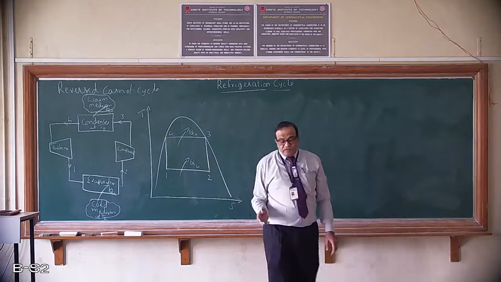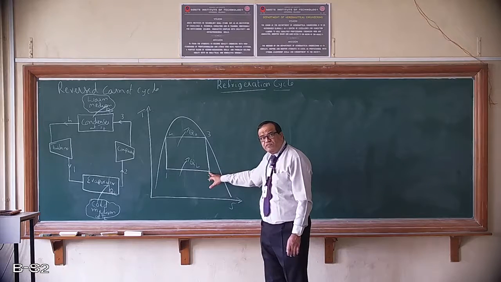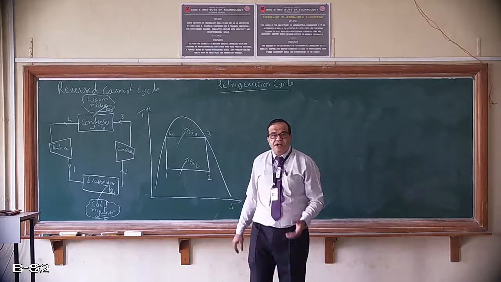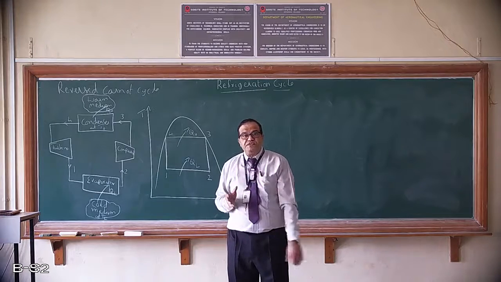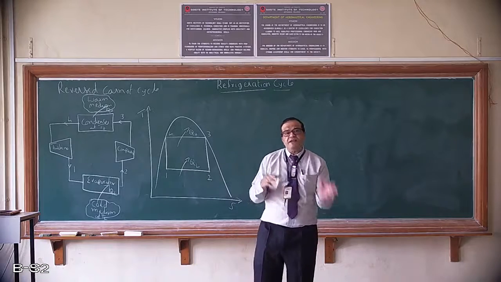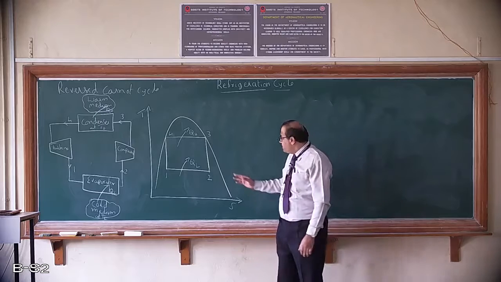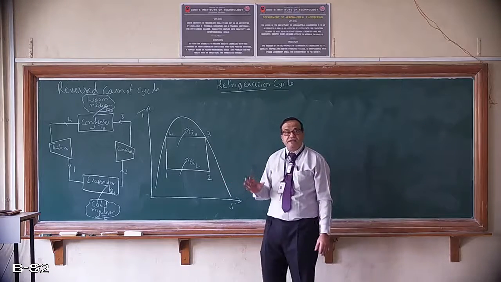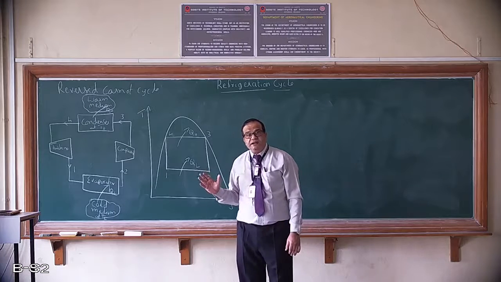So that's the state of the refrigerant at this point. More vapor and less liquid, but compression of two phases, liquid and gaseous, is not possible. Compression of a single phase, either liquid or exclusively gaseous state, can be possible.